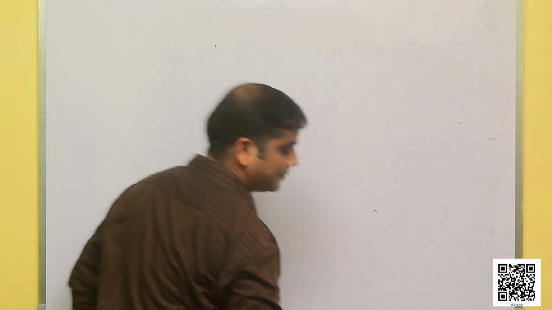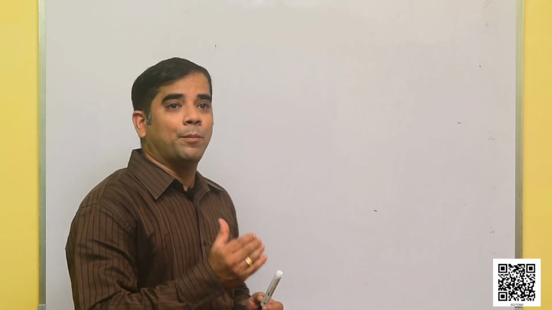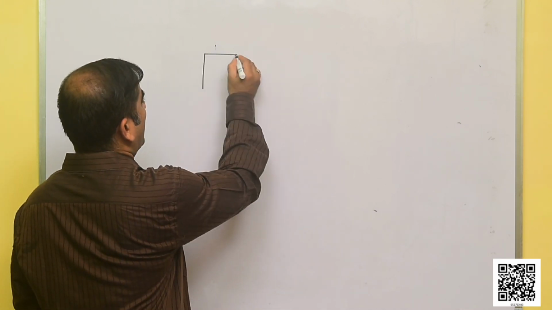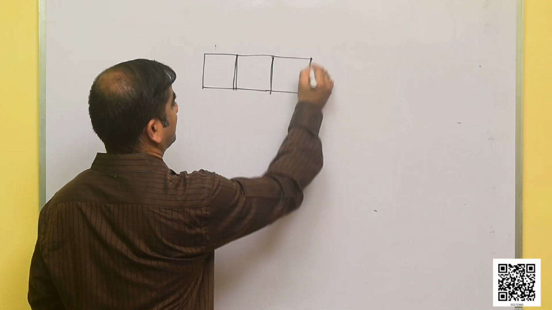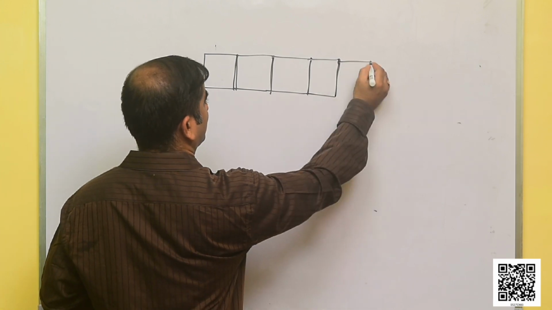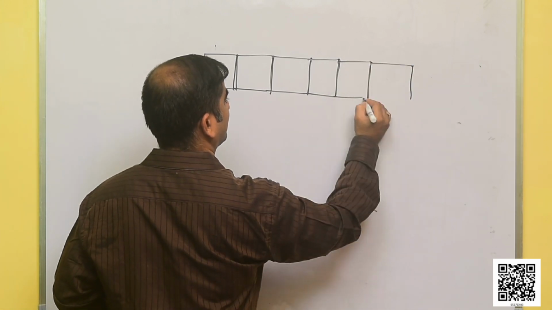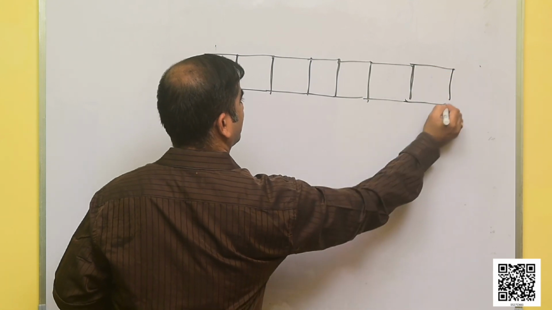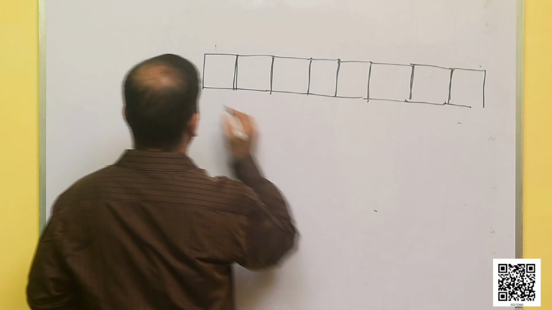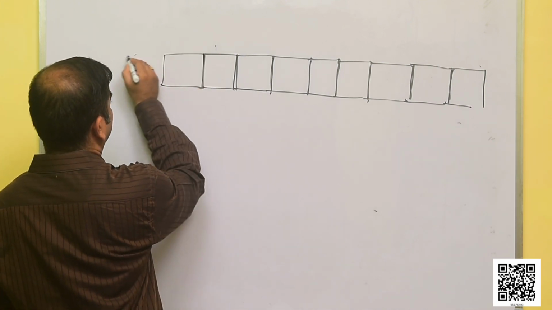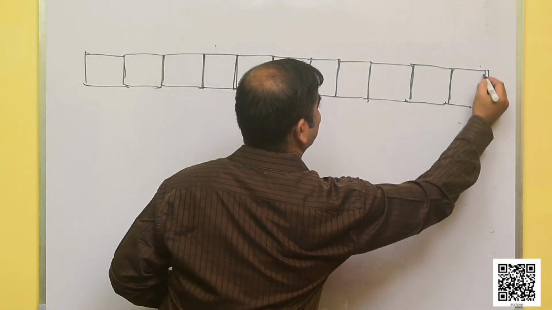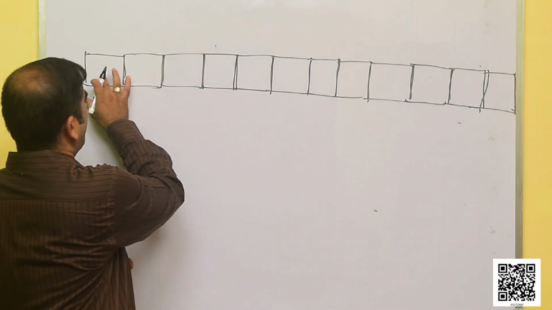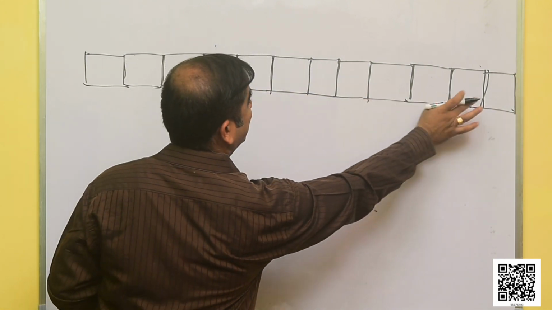How? Let's find out. As I have already told you, rectangles have equal opposite sides. So if I place the 12 squares like this, 1, 2, 3, 4, 5, 6, 7, 8, 9, 10, 11, 12 squares.